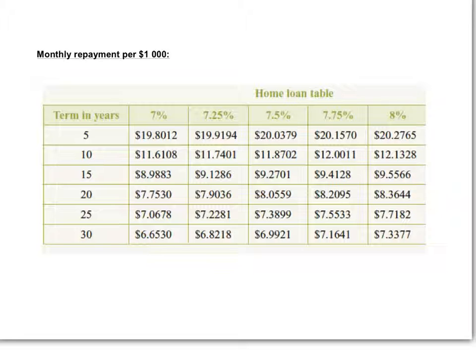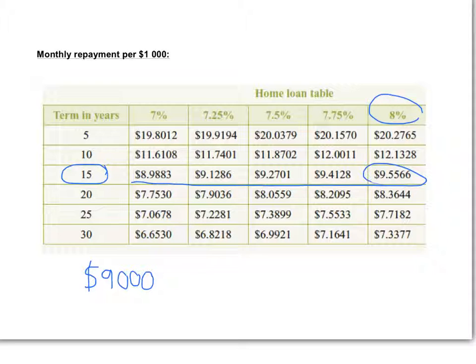Let's look at an example where you have a home loan or a personal loan for $9,000 at 8% for 15 years. You use the table to find the factor for 8% and 15 years. And then this table gives you the repayments per $1,000.